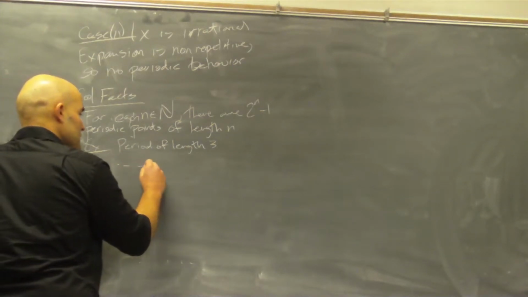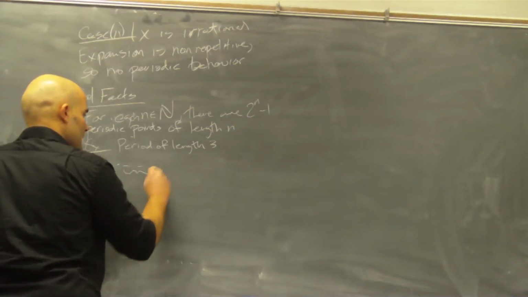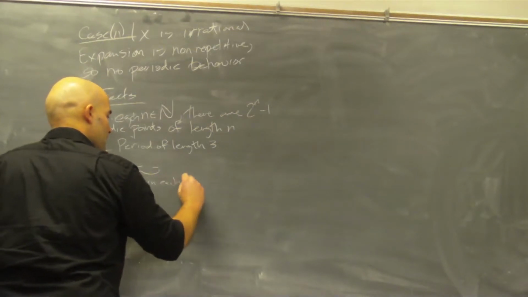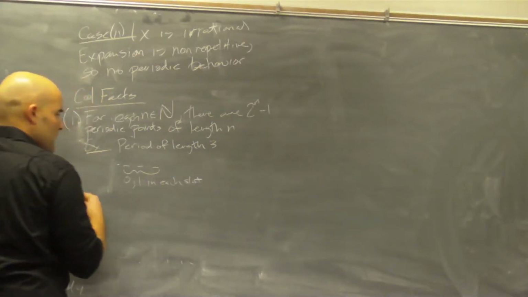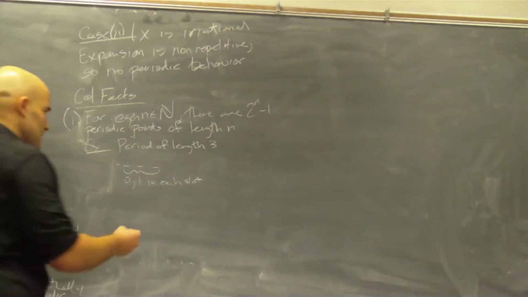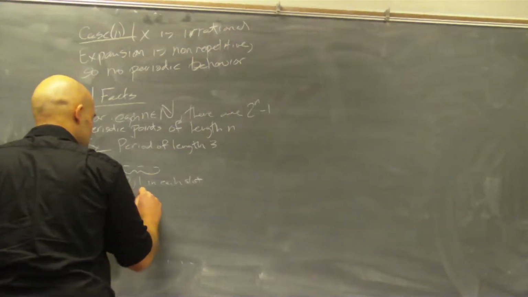So in the first 3 slots here, you could put 0 or 1 in each slot. So you have 2 choices for each slot. You have 3 slots to choose from, right? So that gives you 8 choices altogether, 2 to the 3rd.